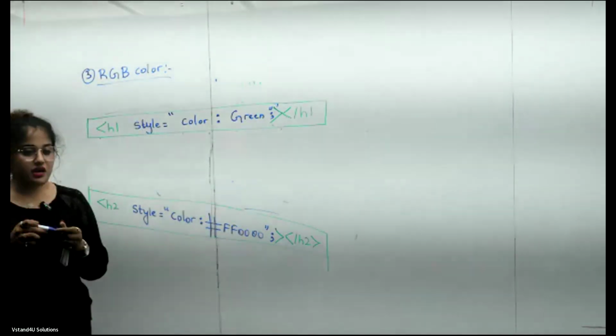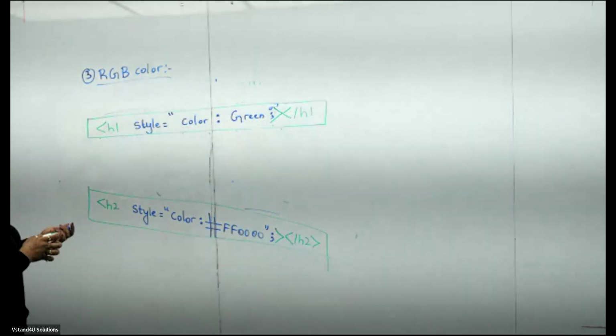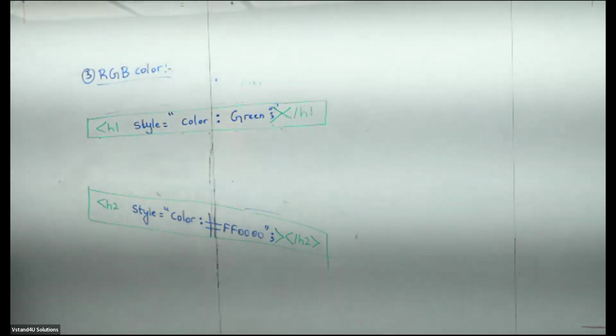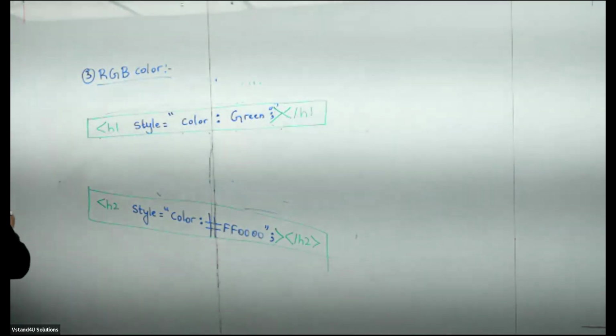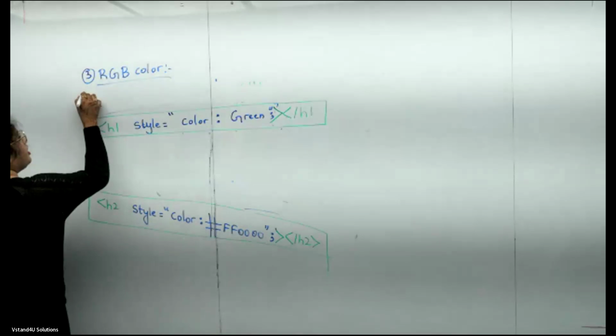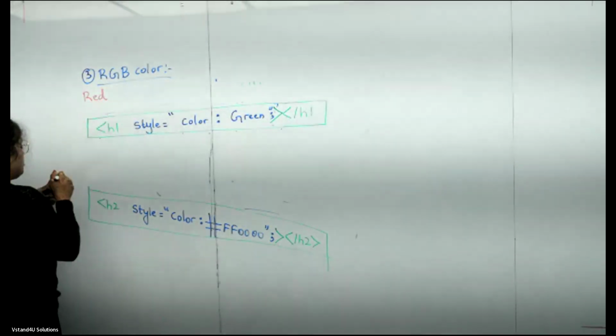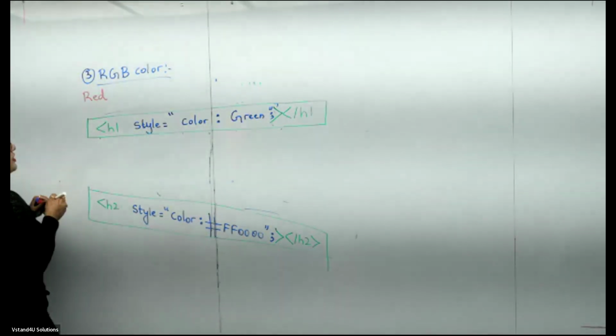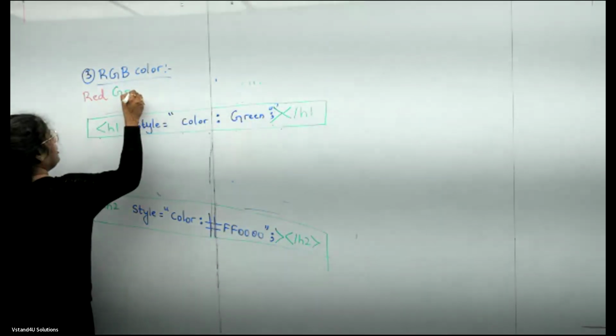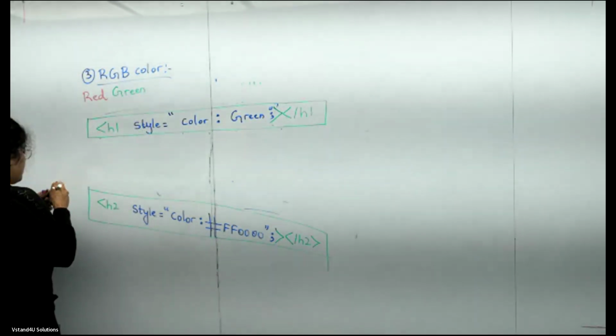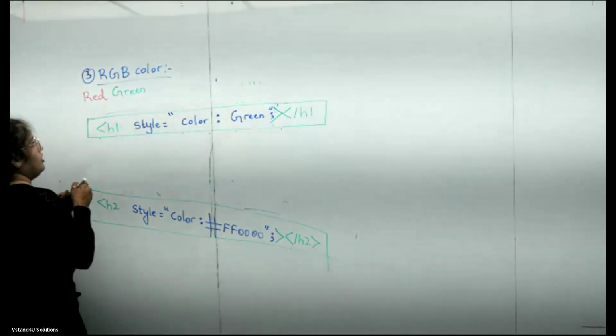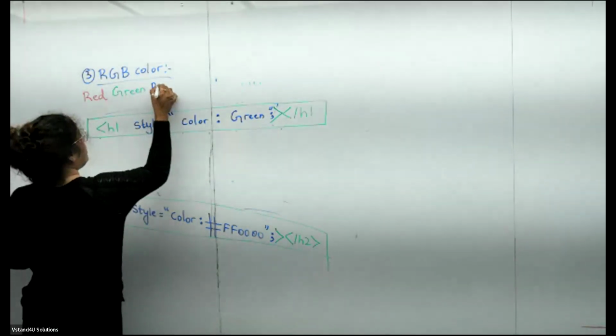That is nothing but RGB. What is R? R is nothing but red, G is green, and B is blue. Correct?